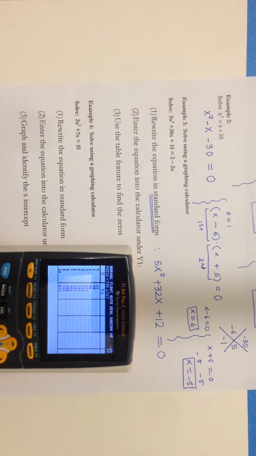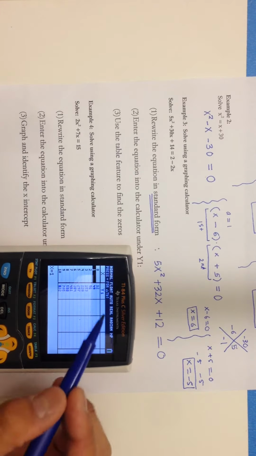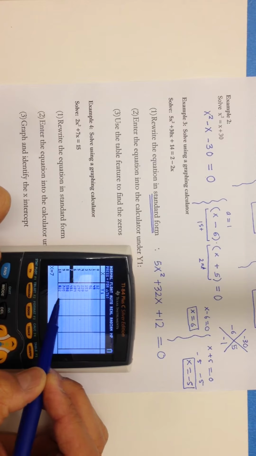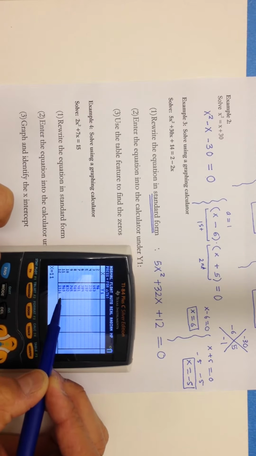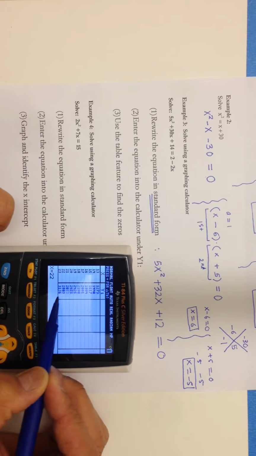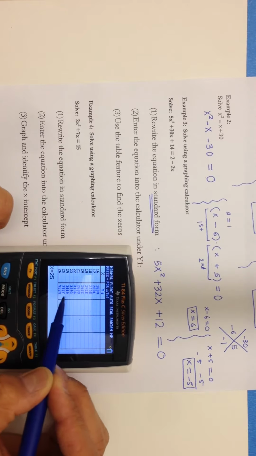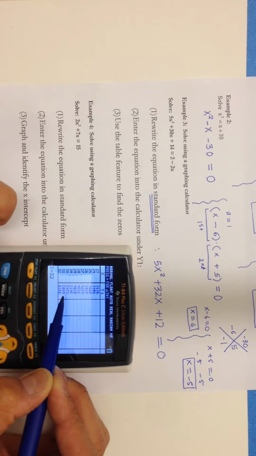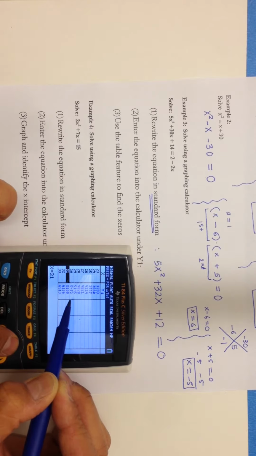Basically, we're going to toggle down until we see a y value that's equal to 0. Notice that as I toggle this direction, the values get bigger and bigger. More specifically, I'm looking for zeros in the y value, so I know that it cannot be down here. So I'm going to go back up.